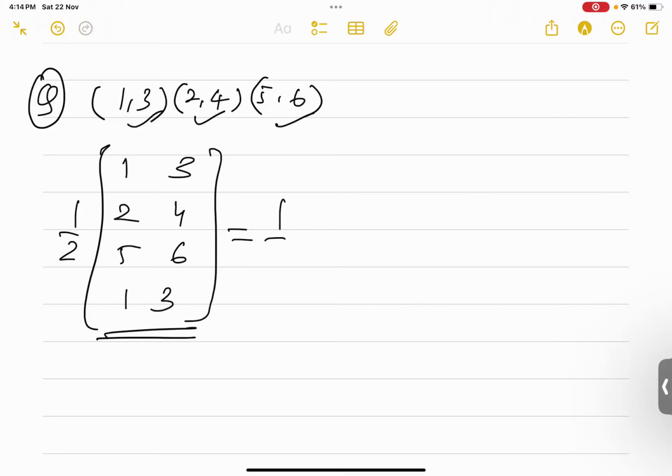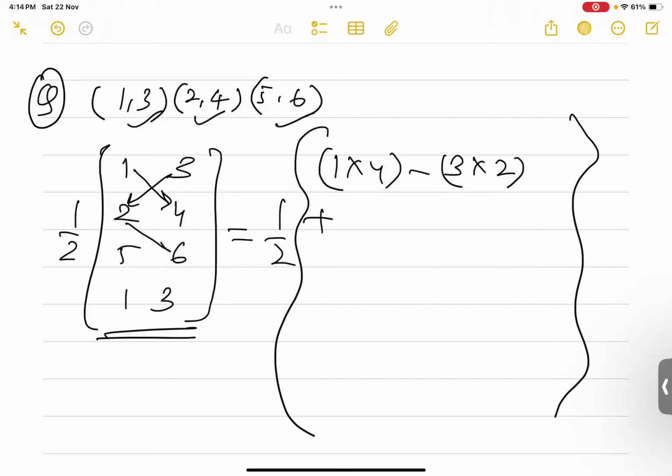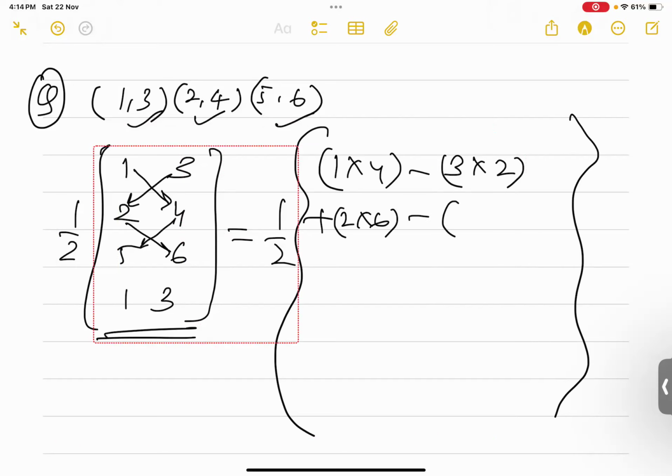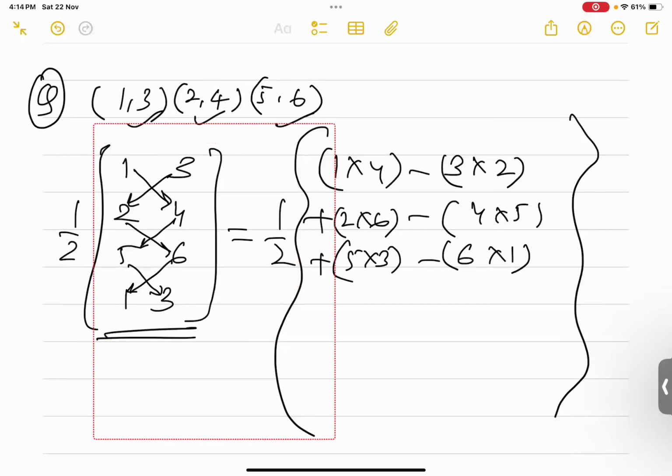So see, half into 1 into 4 minus 3 into 2, plus 2 into 6 minus 4 into 5, plus 5 into 3 minus 6 into 1. So this is how you solve.